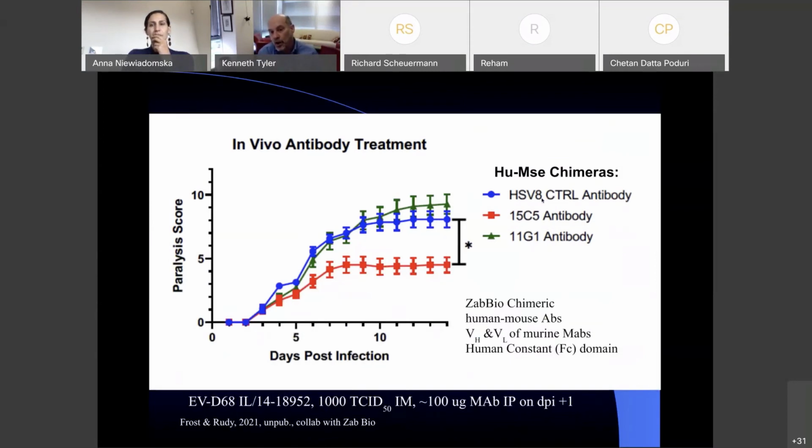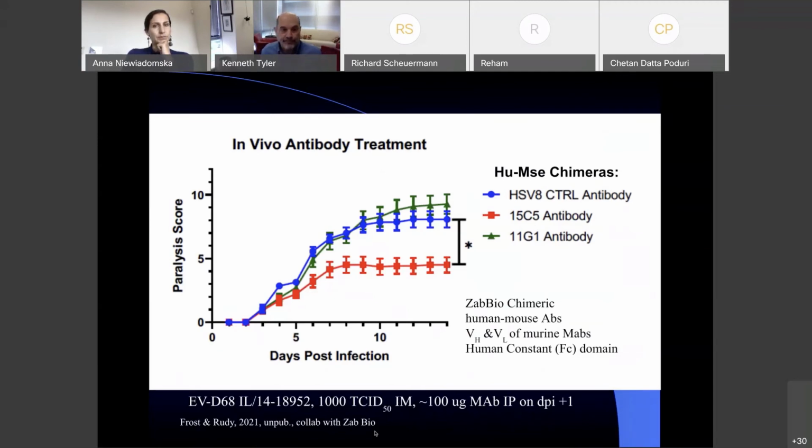The human parts are all the constant domains, the mouse parts are all the variable domains, using the same sequences as in that Zhang paper. And this is a collaboration with Zab Bio and Miles Brennan and his colleagues that I mentioned before.